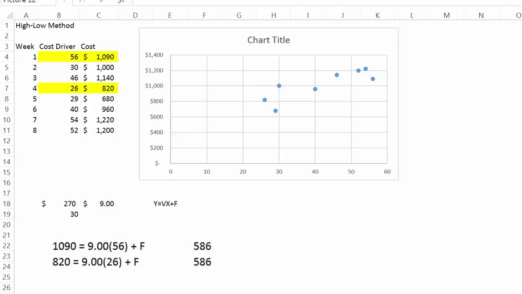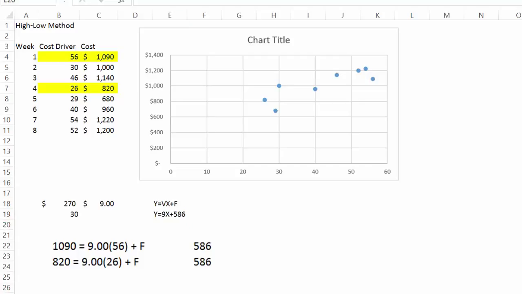Do it again just to verify, these have to be the same number or I've done something wrong. 820 was our cost in our low observation, equals 9, the variable cost, times 26, that's the number of cost drivers in the low observation, plus our fixed cost, solve for f, and I get 586 again. I can now write this equation, right? My equation is y, that's the cost we're trying to predict, equals 9x plus 586.